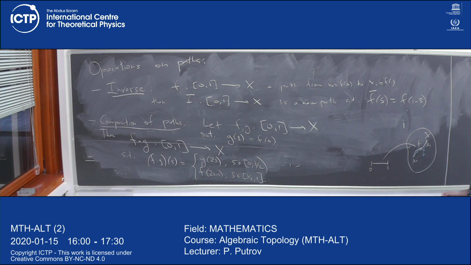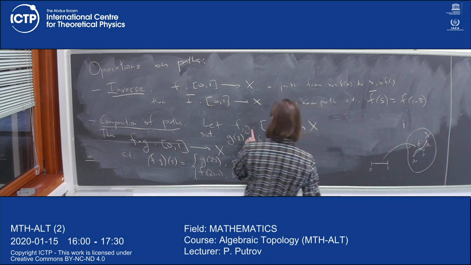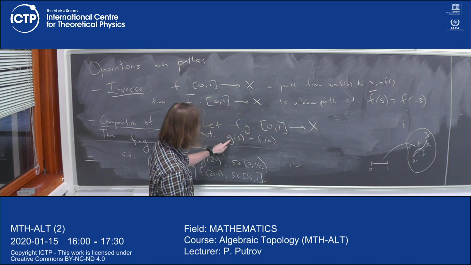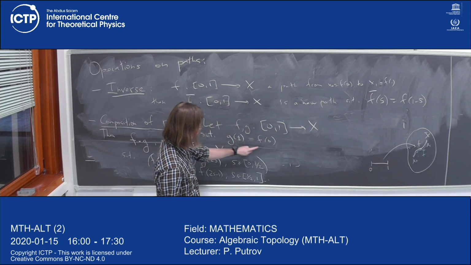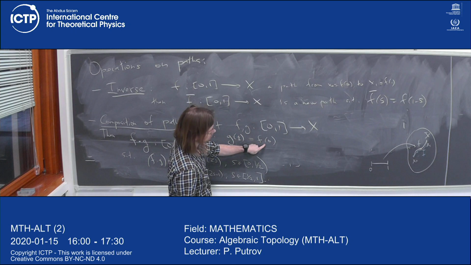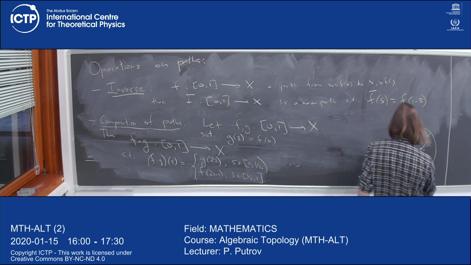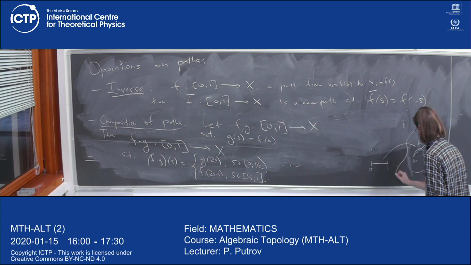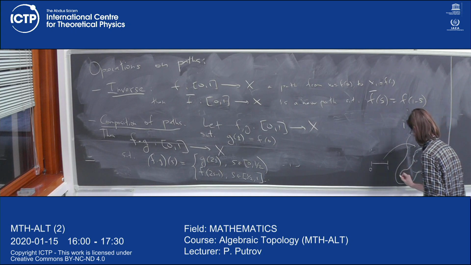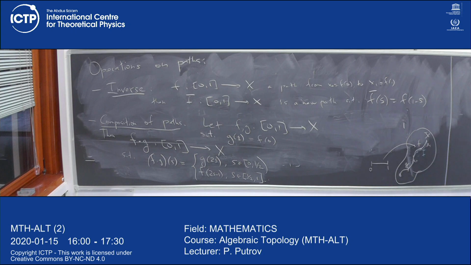And now what about the composition of paths? I need to take another path, say g, and it should be such that the end of g coincides with the start point of f. It should look something like this. You pass g, and so the composition of g and f is a path which looks like this.